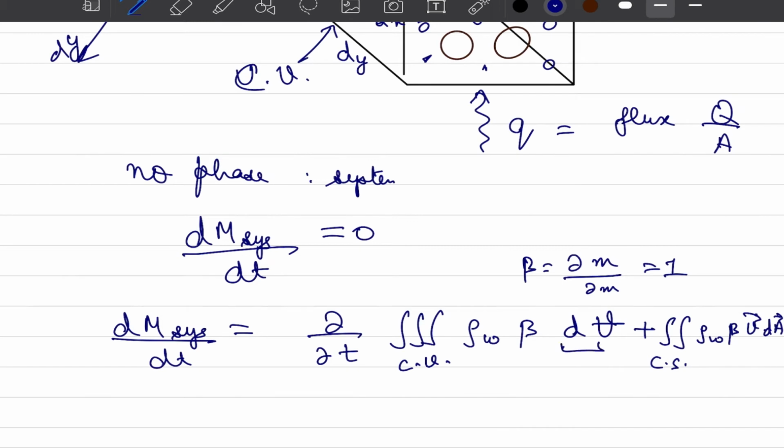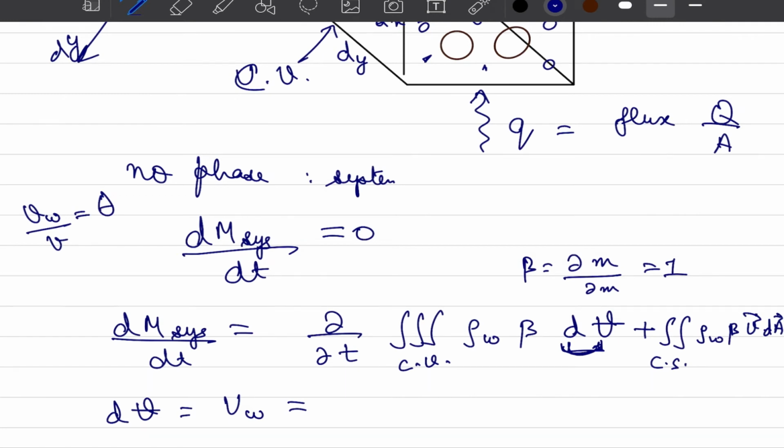Mind that this dV represents the volume of the phase under consideration. Because we are trying to understand how much volume is changing in the control volume, in this case our dV would essentially be the volume of water, and we learned that volume of water divided by total volume is also equal to theta, which is soil moisture content.